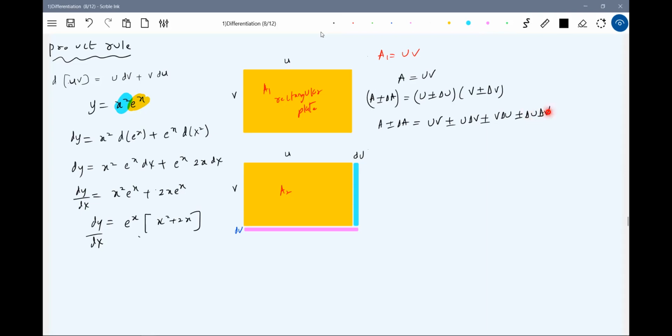The product of these two small quantities will be still smaller, and these two will cancel out. So what will be left over is plus or minus delta A equals plus or minus u delta v plus or minus v delta u. What about the other quantities? This will become negligible.